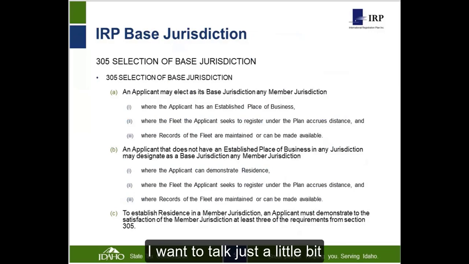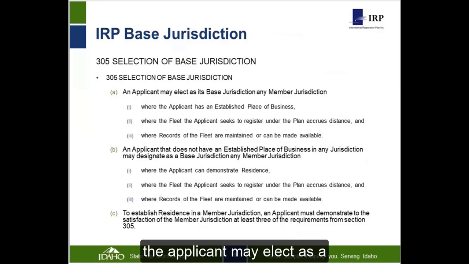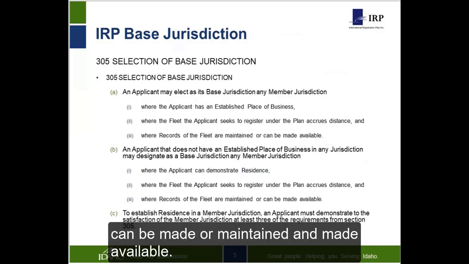I want to talk just a little bit about the IRP base jurisdiction. When you select a base jurisdiction, the applicant may elect as its base jurisdiction any member jurisdiction where the applicant has an established place of business, the fleet accrues distance, and the records can be made or maintained and made available.